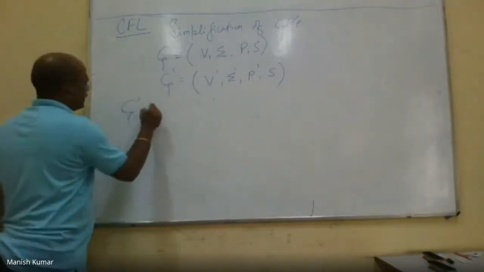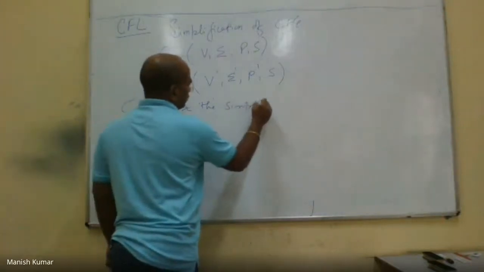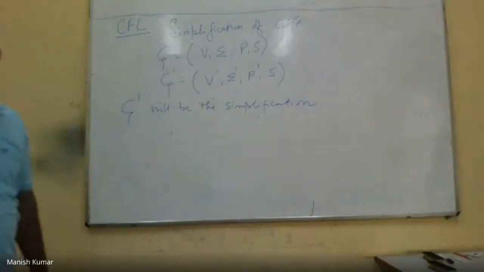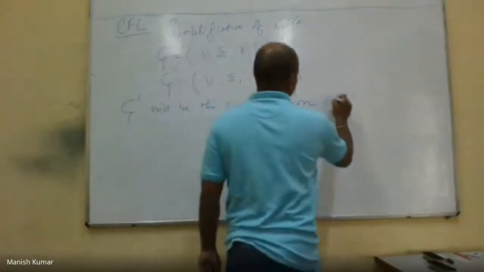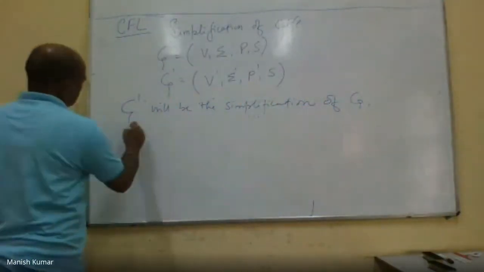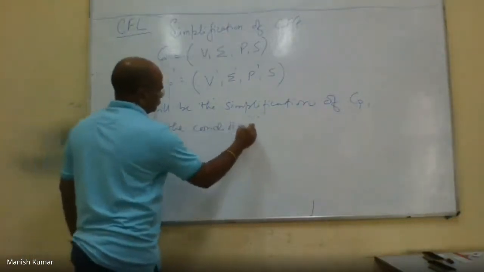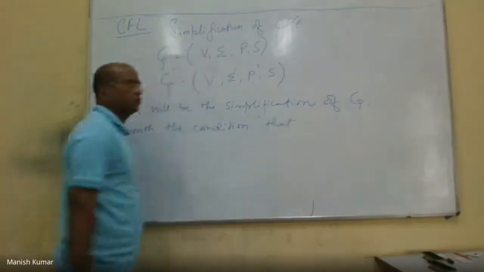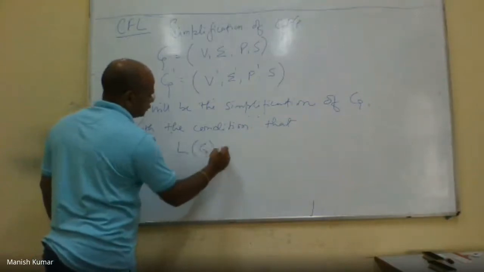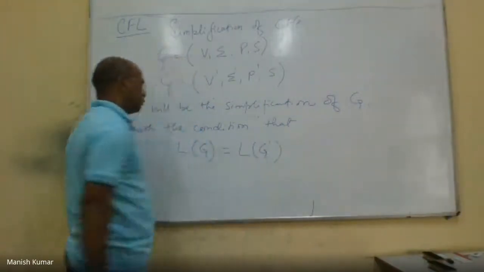So what will be that? G dash will be the simplification of G with the condition that whatever language generated by G must be the same as generated by G dash.